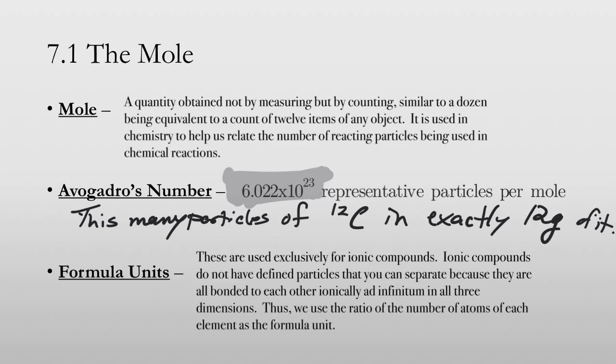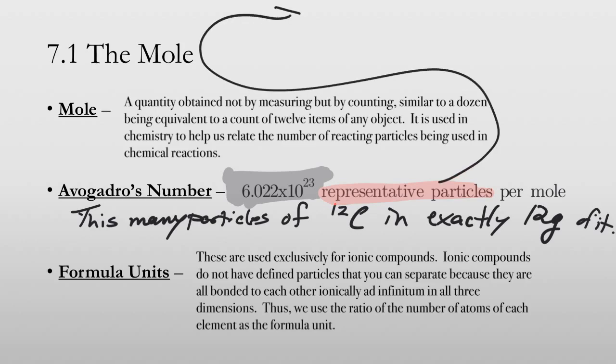Now, representative particles, that portion of it just means that it could be anything. So like a dozen could be 12 eggs, it could be 12 cars, it could be 12 people, 12 classes, whatever it is. A dozen is not defined only in the number of eggs. And same thing, a mole is not defined only in atoms. It could be multiple different things.